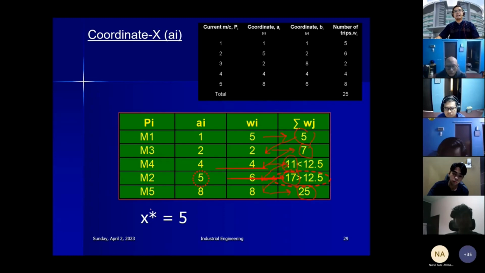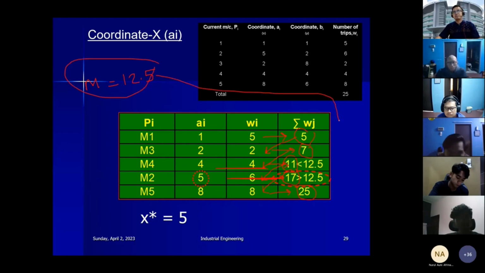In order to determine the X star, please look at our median. The median is 12.5 based on our previous calculation, 25 divided by 2. Find out sequentially, first come, first serve.